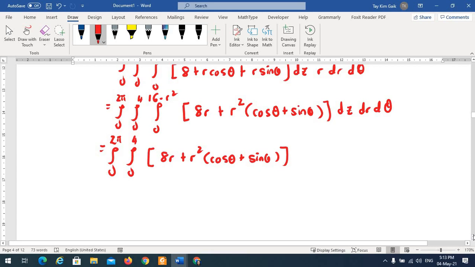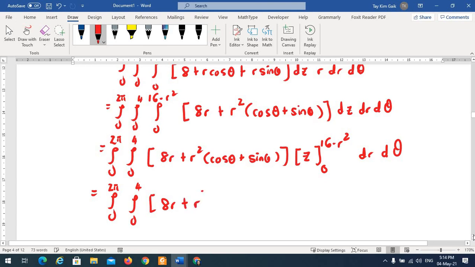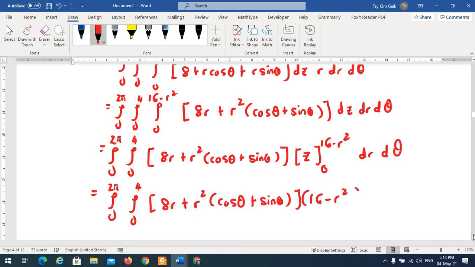Integrating a constant with respect to z gives constant times z, where the limit of z is from 0 to 16 minus r squared. So dr d theta is left. We plug in the limits of z, so you have 16 minus r squared. When we plug in 0, you have 0.